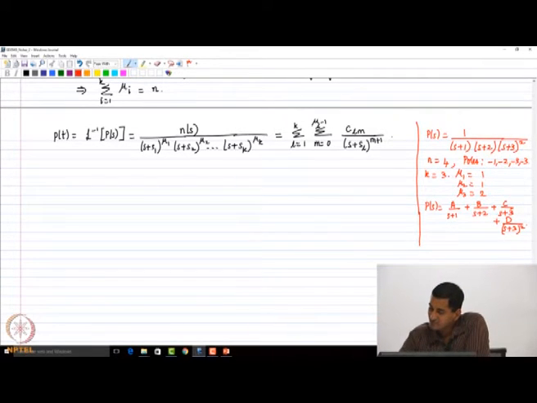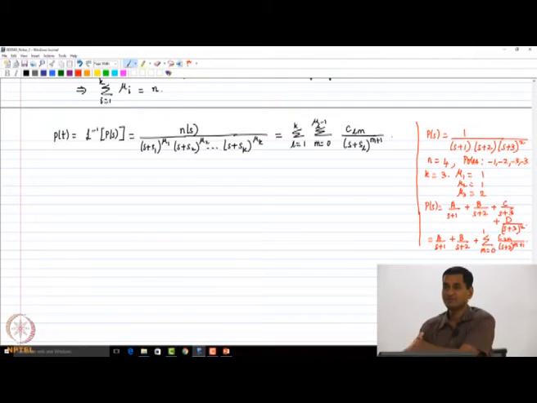So essentially what we have done here is A by (s + 1) plus B by (s + 2) plus the C terms, where I can take M equal to 0 to 1, some C_3M divided by (s + 3) whole to the power M plus 1.